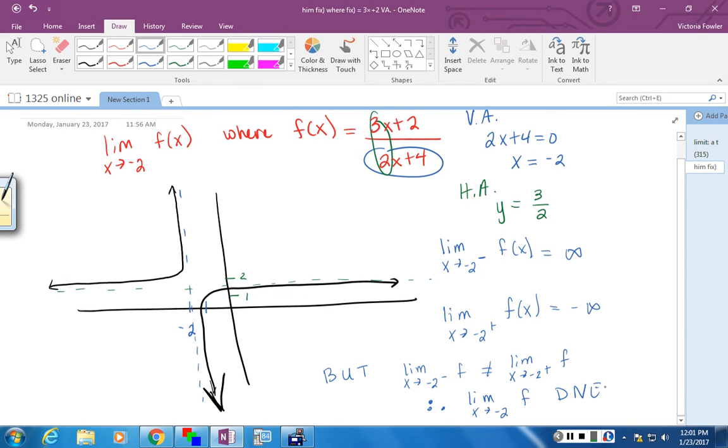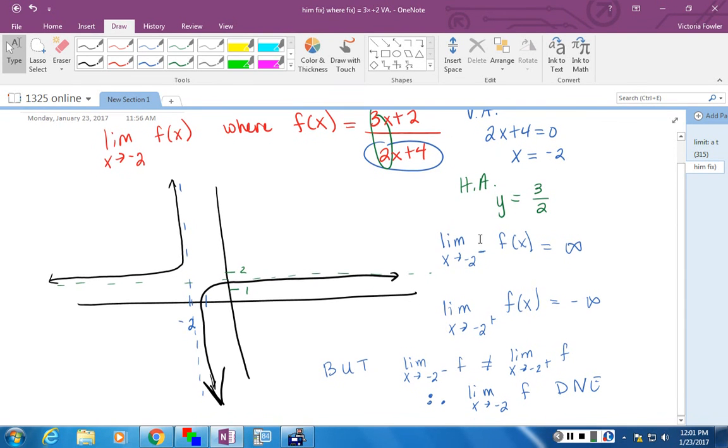But I was able to tell about the behavior of my function, and I can do this by a t-chart, a table of values that we come up with either ourselves or by a calculator, or even just looking at my graph. But it is important to note that I can talk about the behavior even if we don't necessarily have a limit value that we are given.